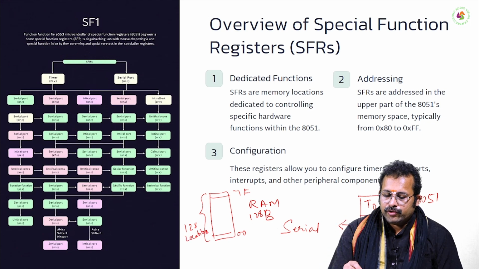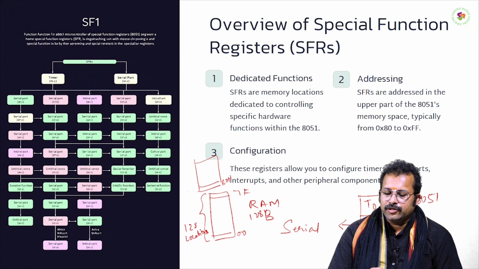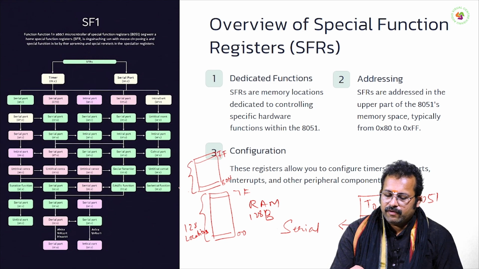In continuation to that, there is an additional memory where the next address starts from 80H, that is hexadecimal address 80H, and the last memory location is FFH. So this is another 128 bytes of memory.